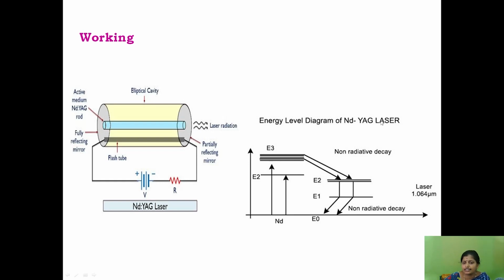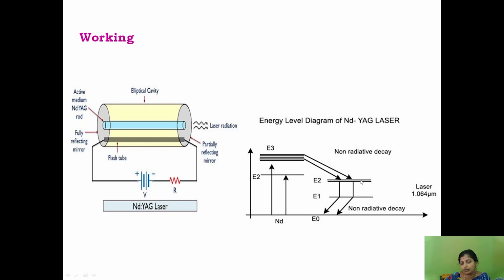Now consider this energy level diagram. It shows the ground state energy level, with yttrium aluminum garnet and neodymium materials considered. The ground state energy level is E0, then E1, E2, and E3, the highest excited state level. The Nd3+ and Y3+ ions go to the excited state. After absorbing one photon of energy, the Nd3+ ions go by spontaneous emission from the excited state to the metastable state.